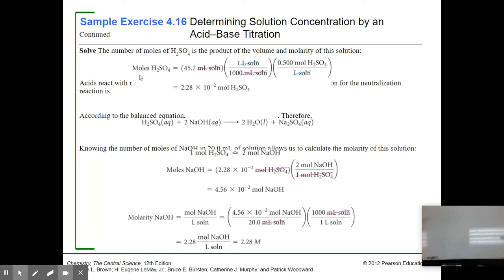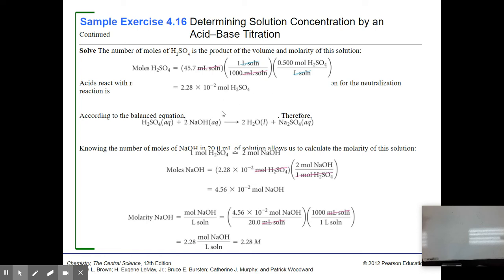So moles of sulfuric acid is equal to the volume in liters multiplied by the concentration of sulfuric acid. Again, they went ahead and put the conversion in here, 45.7 milliliters divided by 1,000. That gives you your liters. And then multiply it by the concentration of 0.5 molar, and you get 2.28 times 10 to the negative second moles of H2SO4.